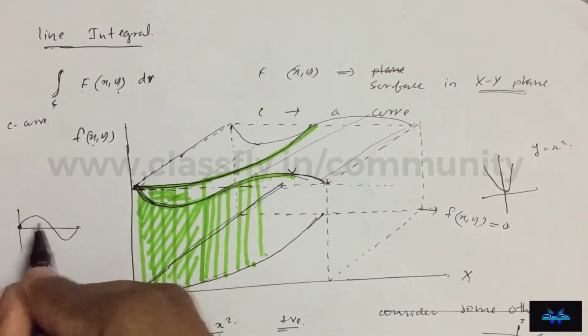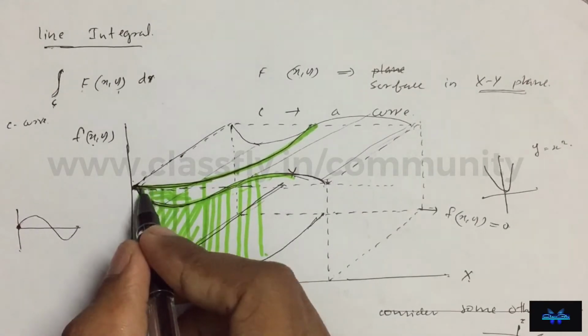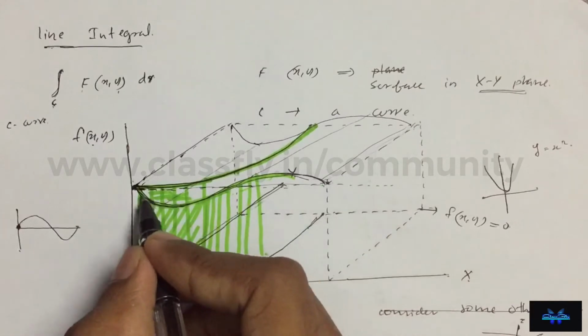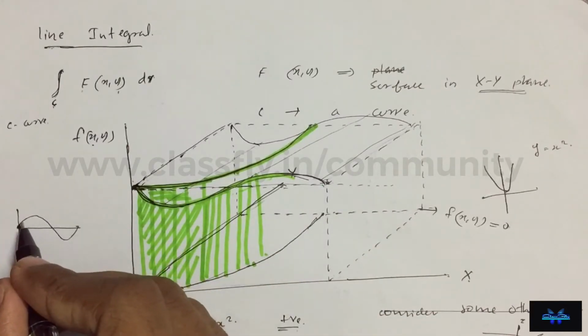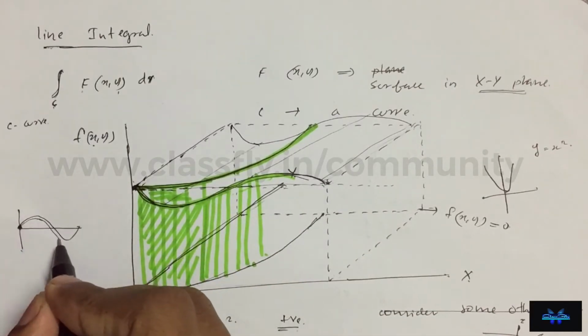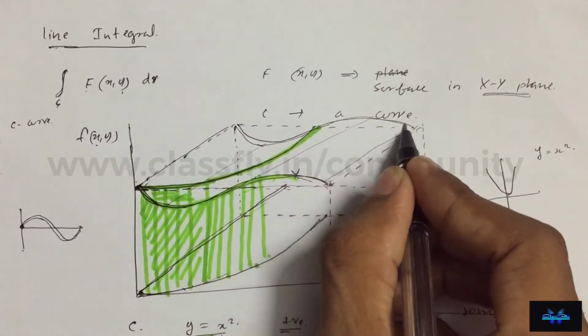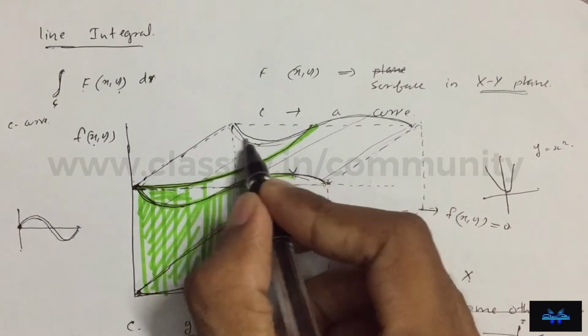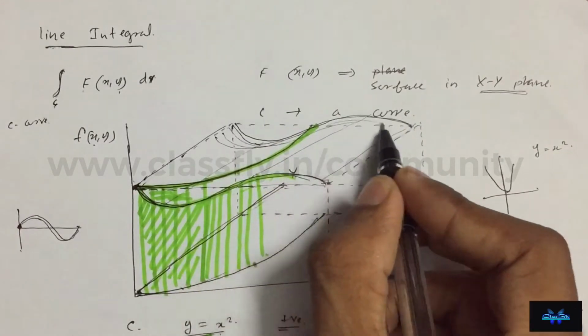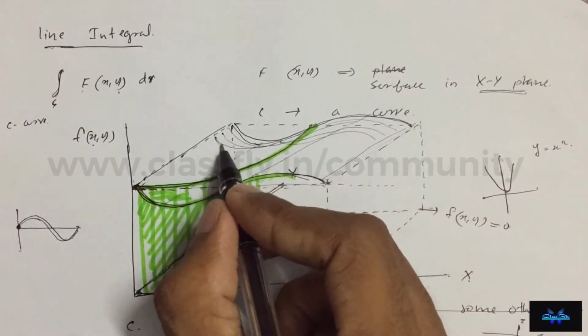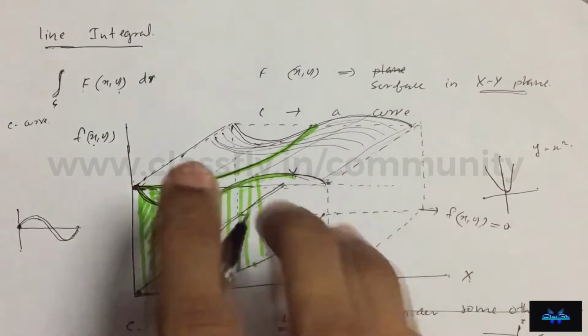So infinite numbers of sine curves are adjacently placed up to this point, right? So we get a plane over here like this.